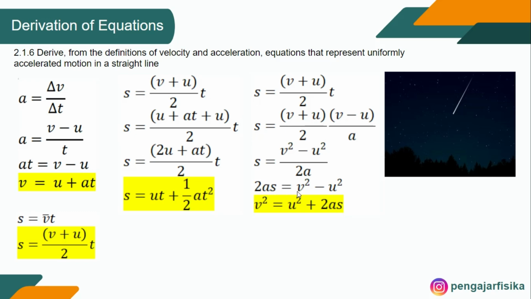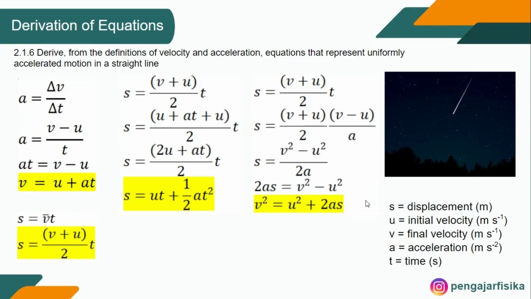And then we just rearrange by moving the minus u squared to the other side. So this is the final form for the fourth equation in kinematics: final velocity squared equals initial velocity squared plus 2 times acceleration times displacement.